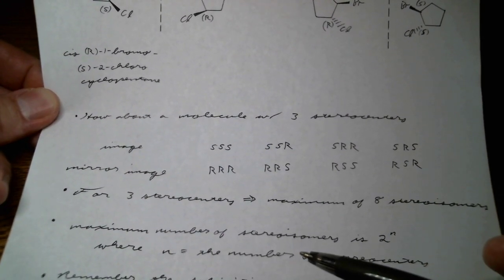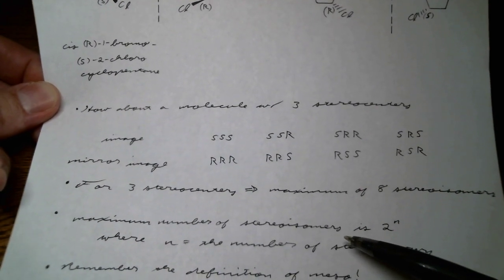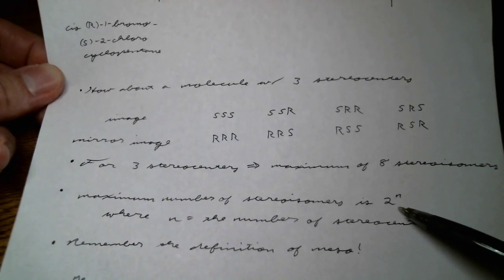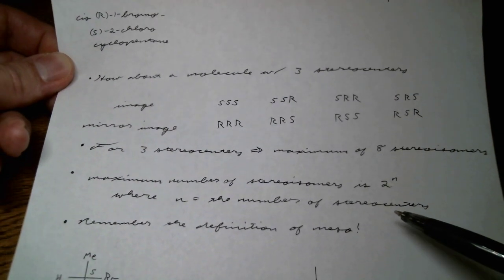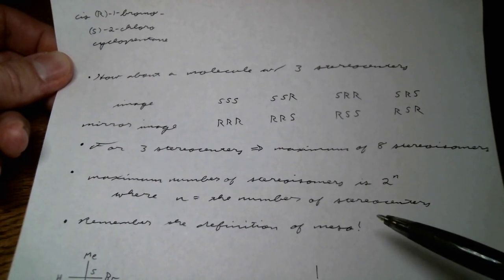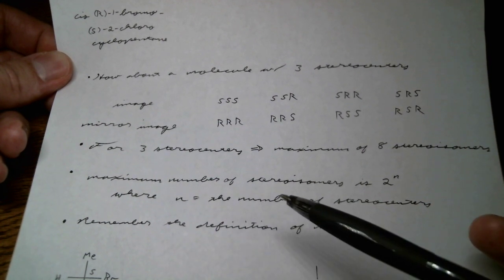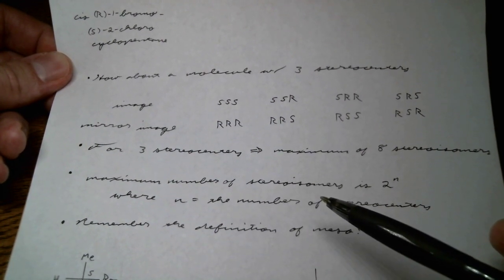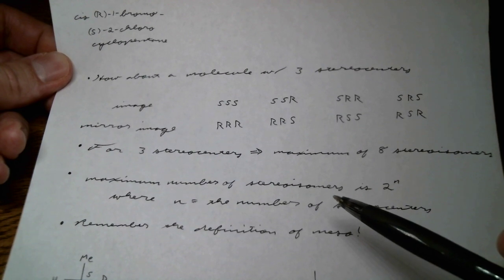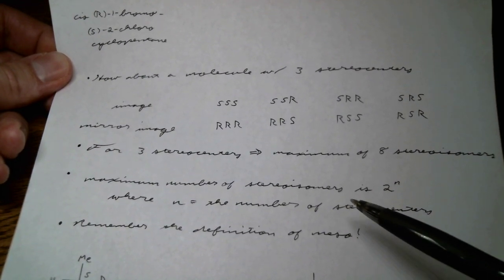Anyways, the maximum number of stereoisomers for a molecule that has n stereocenters is 2 to the n, where n is the number of stereocenters. Of course, like I said, that's just the maximum number of possible stereoisomers, and you might have fewer, like if there is one that's achiral or meso.